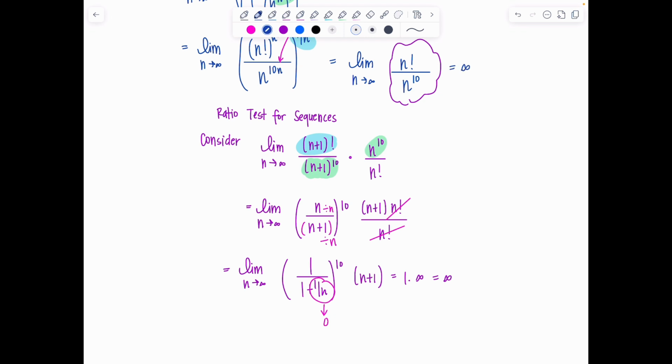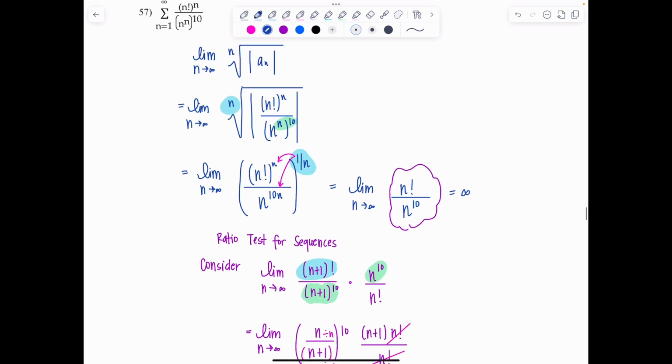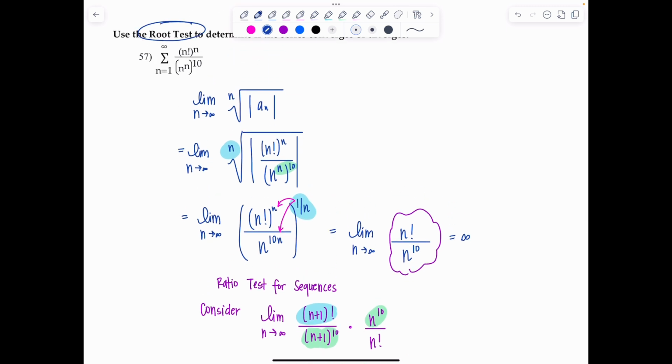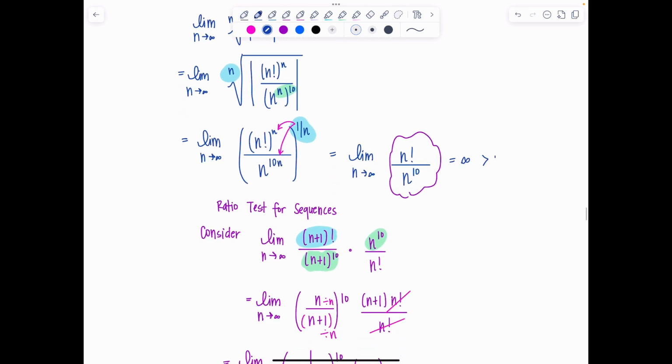So then, at long last, I can say, well, I just did the root test. And if this limit is greater than 1, then that tells me that my original sum, the sum n equals 1 to infinity of n factorial to the n over n to the n to the 10th, diverges by the root test.